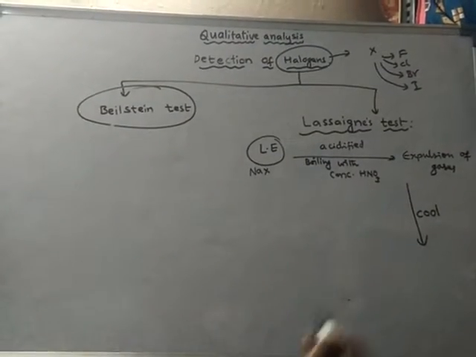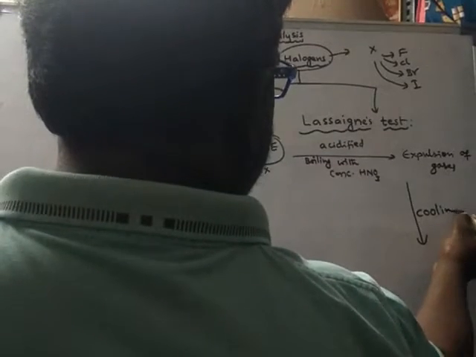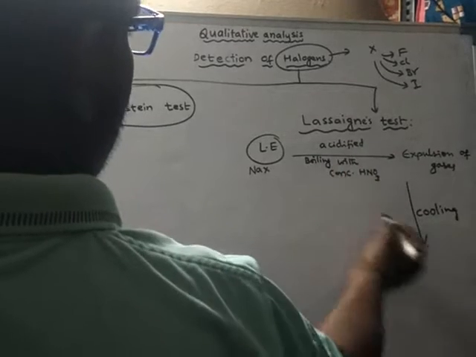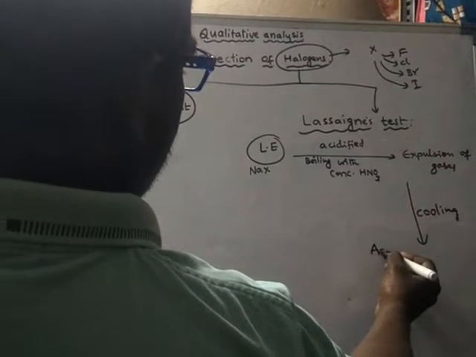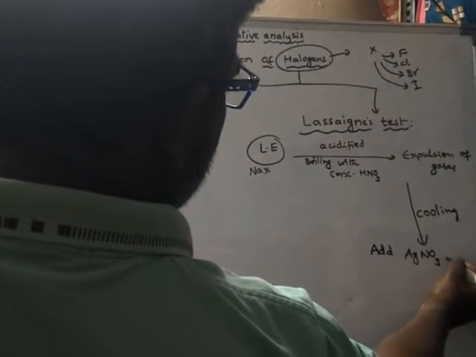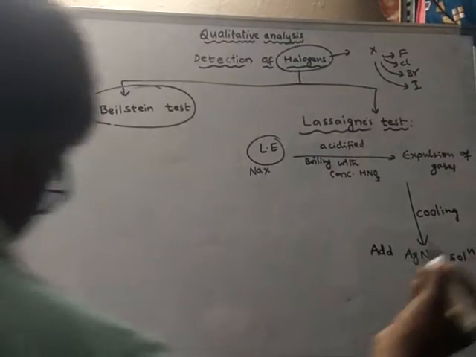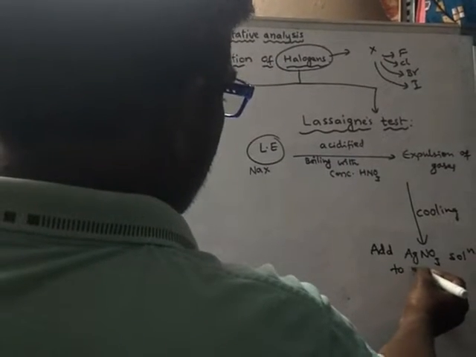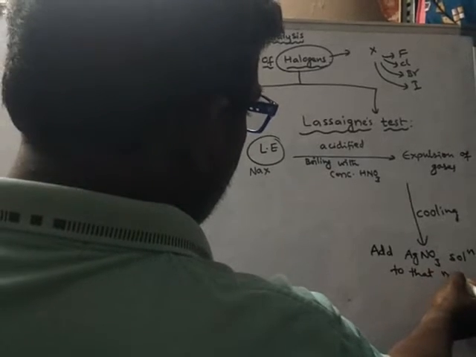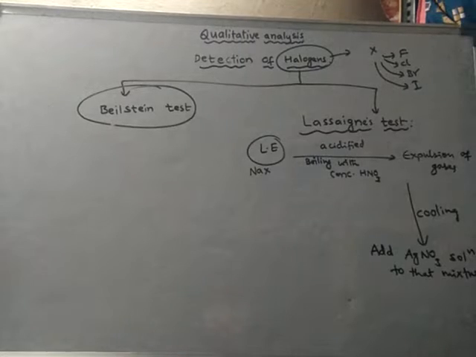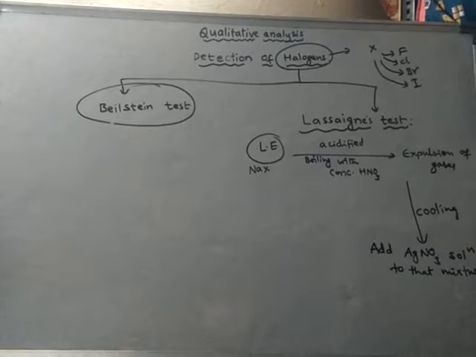Upon cooling this mixture, we have to add silver nitrate solution to that mixture. When silver nitrate solution is added to that mixture, what happens?